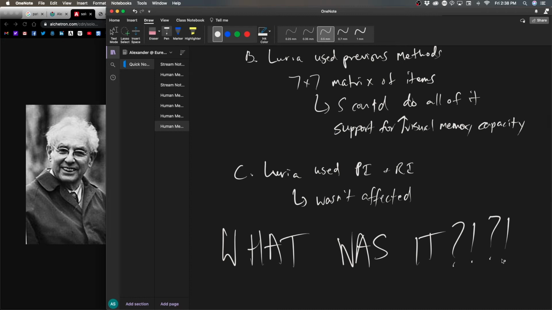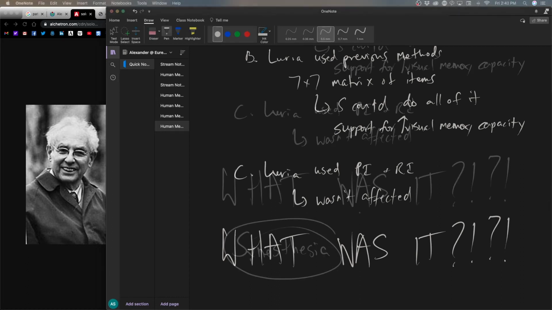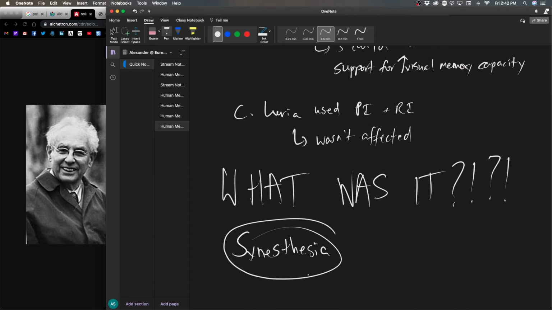He could see things and he would be able to place somebody in the room with the digit list, among other lists. Anybody want to take a guess at what we're talking about here? Synesthesia. So Shereshevsky here had synesthesia.